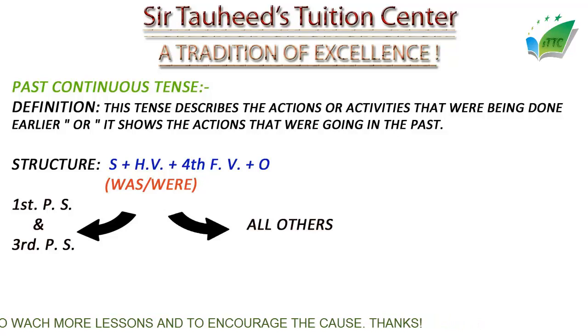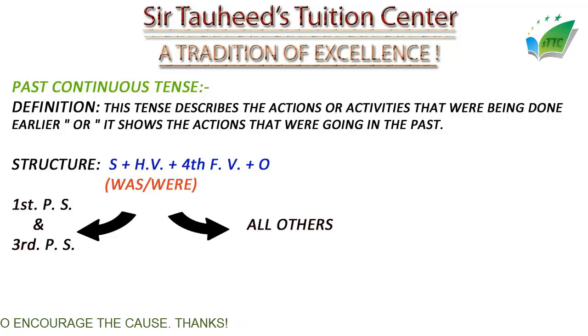So if we have any singular noun, or he, she, it, after them we use was. So was covers two types of subjects, first person singular and third person singular.